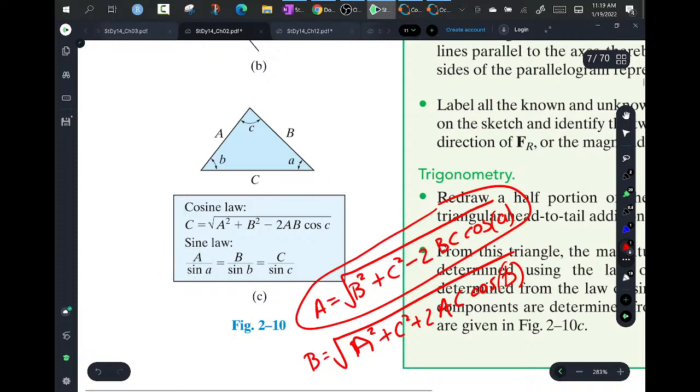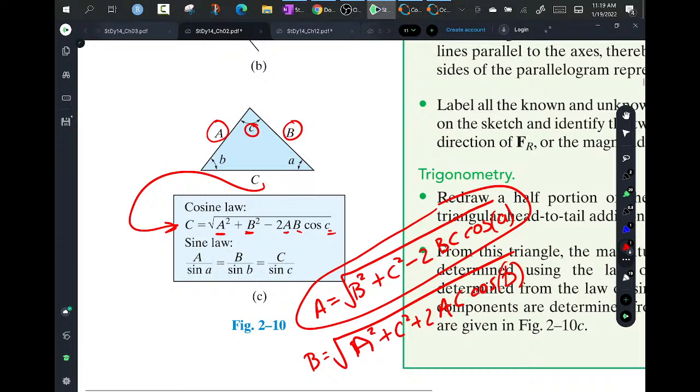What do I need to know? If I know a length and the angle between it, so if I know A and B and I know the angle between them, I can find this.